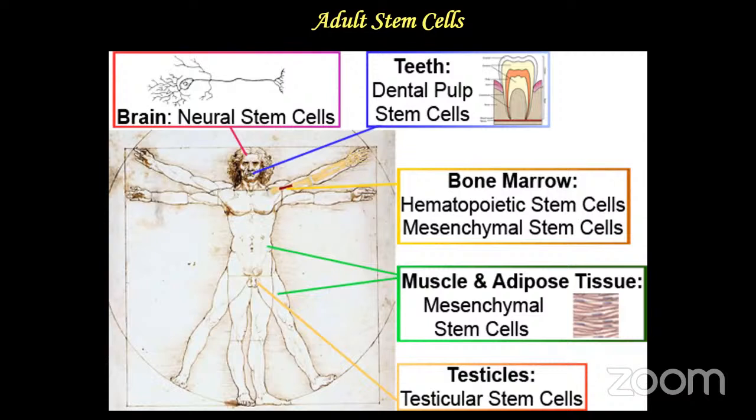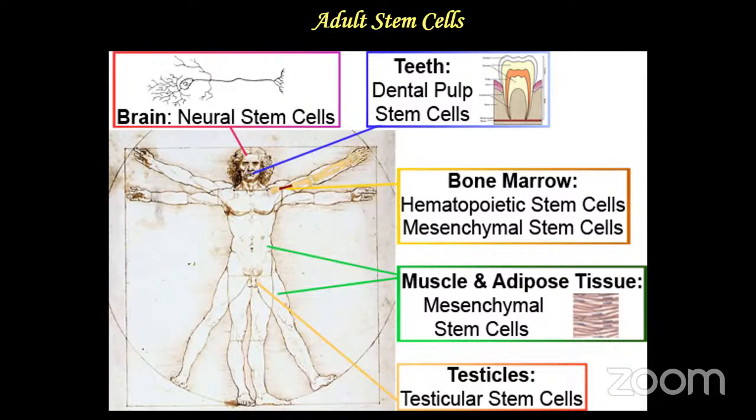But when we see the disease process, what must be happening there? Because of their limited self-renewal capability and differentiation ability, depending on the trigger or the insult in the surroundings, to some extent they can counter that process and replenish the cells.